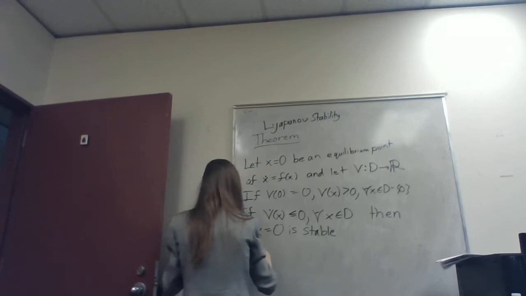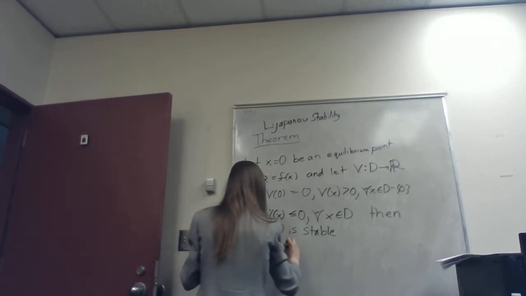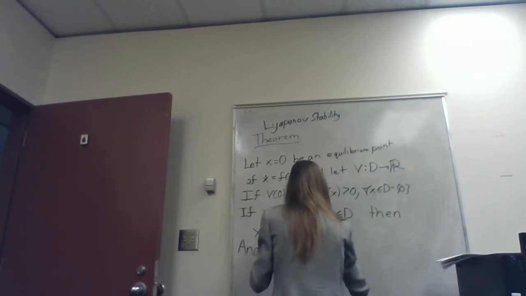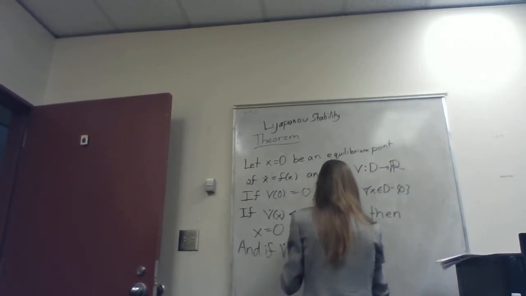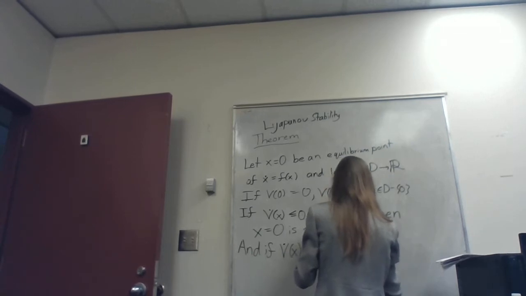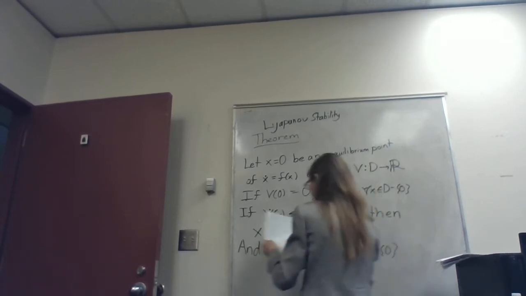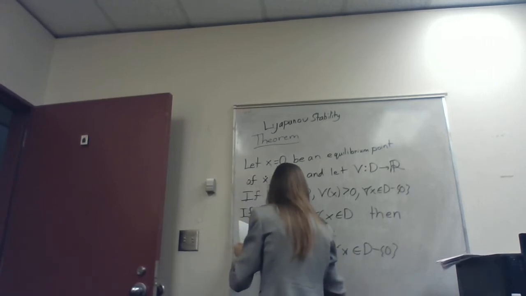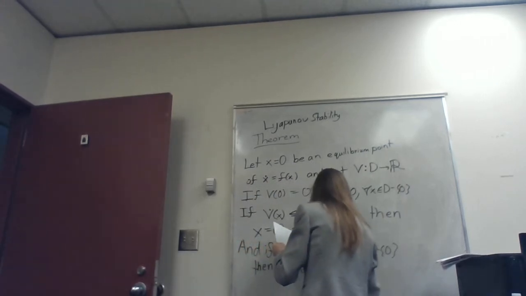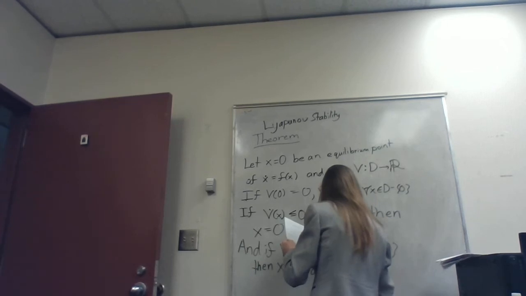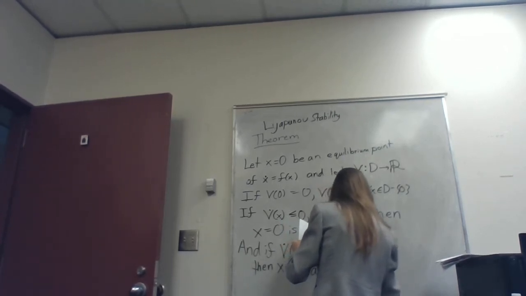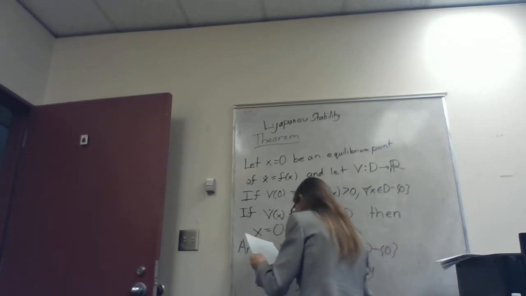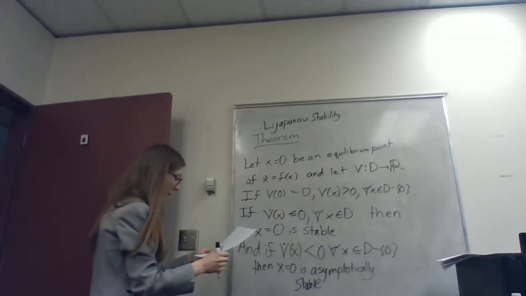And if V dot of x is strictly less than 0 for all x contained in D but not including 0, then x equals 0 is asymptotically stable. So it would have to be stable and attractive in these epsilon delta definitions.